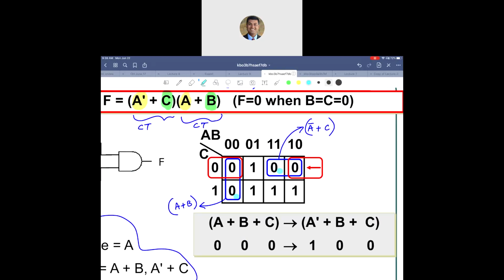B is 0, C is 0, A is changing. So A changes from 0 to 1 while B is 0, C is 0. That's when the POS hazard is present, or an accidental 1.